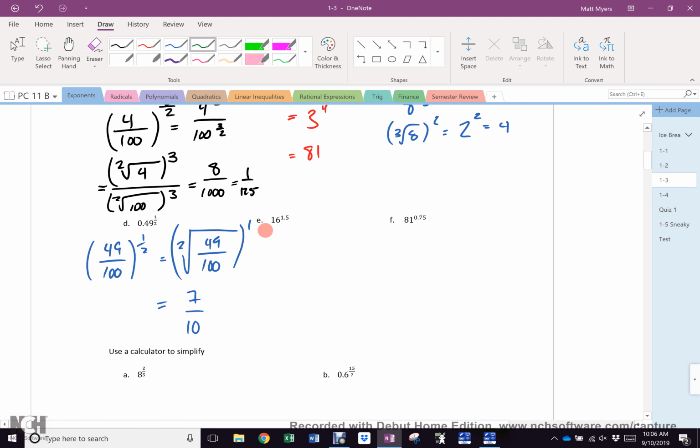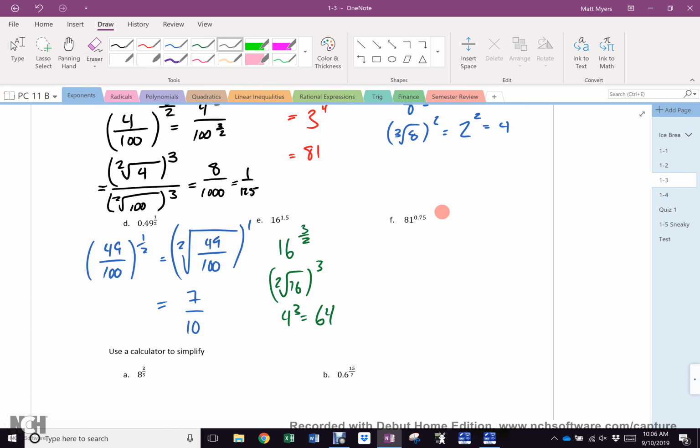What is happening in E? The exponent's a decimal, but we don't care about that. We hate decimals. What is it really? 3 over 2. 1 and 1/2, yes? What is the square root of 16 cubed? 4 cubed, which is 64.